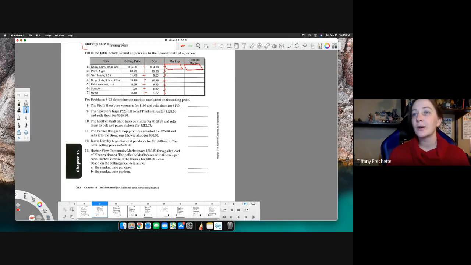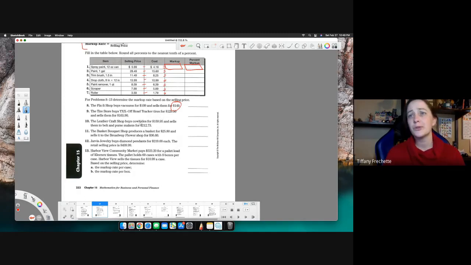So we have a selling price, we have a cost, we subtract to find our markup, and then we divide that markup by their cost. Fibbing, by their selling price. Looking at the formula, funny there. So we divide the markup by the selling price, sorry.